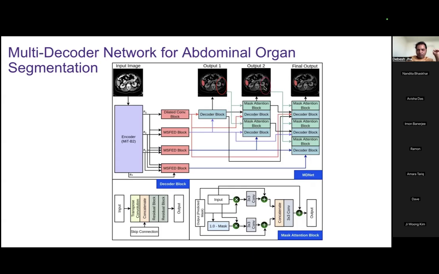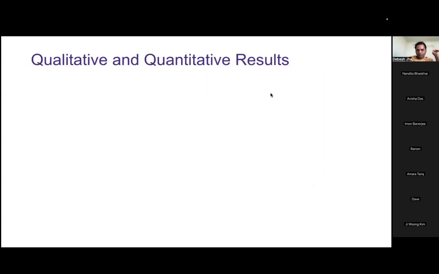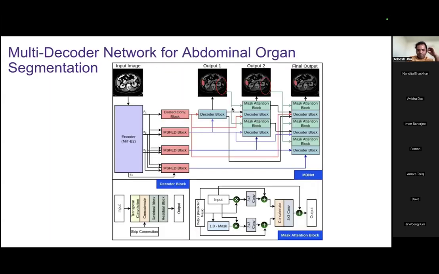We are trying to refine the output, and we do the same. Finally, you see that this over-segmentation is removed. Because we use different decoders, we call it a multi-decoder network.